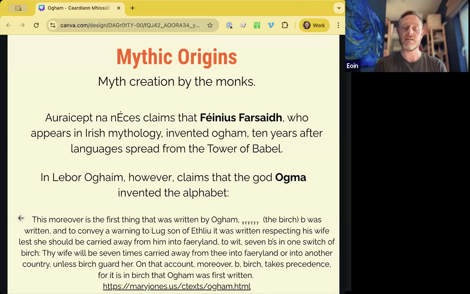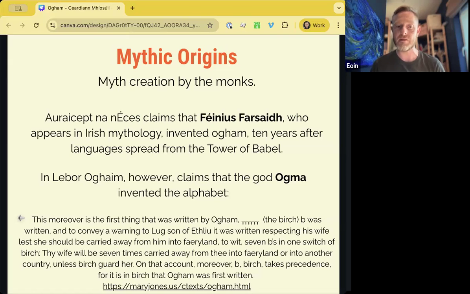I find this really interesting. So they're saying that the first letter, beith, which means birch, was the first letter ever written in Ogham, and it was written to convey a warning to Lug. So Lug is an old Celtic deity.